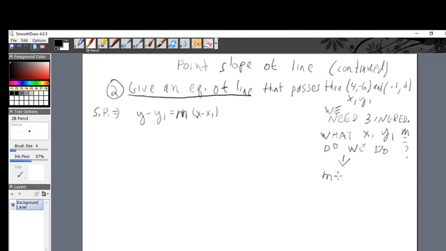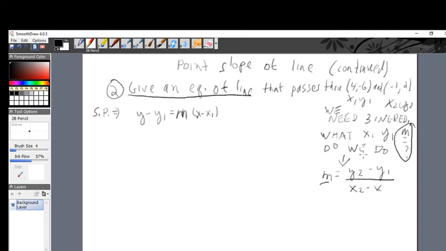We have to remember the formula for slope: m is equal to y2 minus y1 over x2 minus x1. We have an x1 and y1, and we also have an x2 and a y2, so we're able to find the slope using this formula.